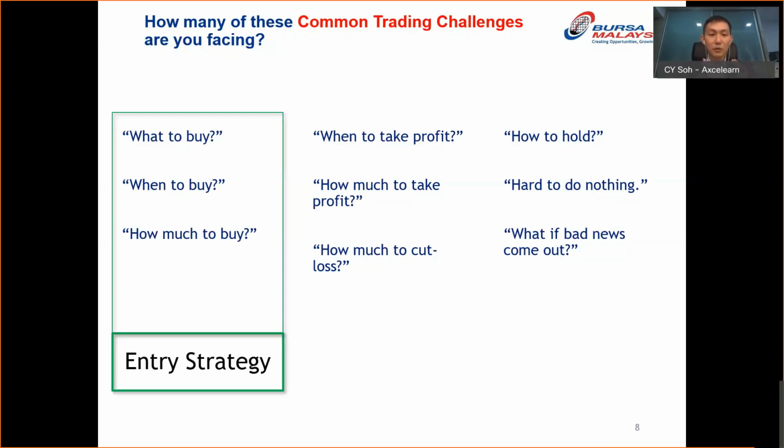If you were to draft out your entry strategy, when you know exactly when to buy, when to enter the market, as well as how much you are going to enter the market, then when you have built your entry strategy, you are able to solve all of these problems.